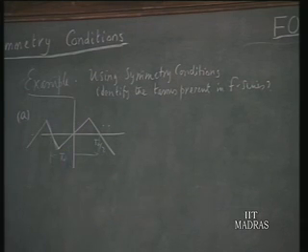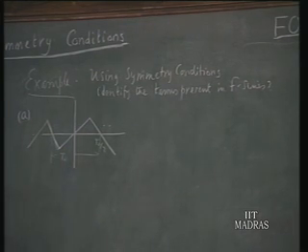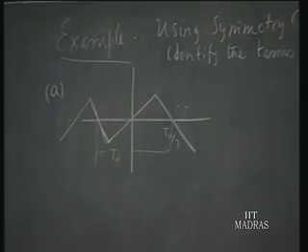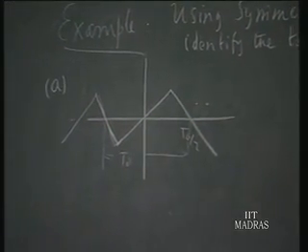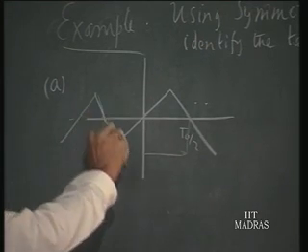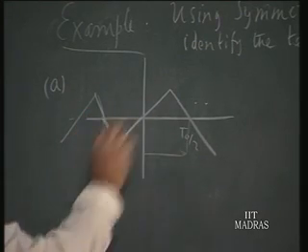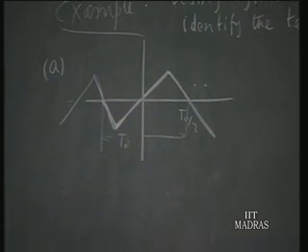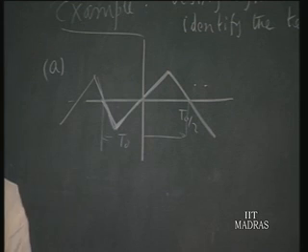So if this function is there, first of all you can straight away see this is an odd function because f of t equals minus f of minus t. Therefore only sine terms are present. And further, whatever waveform you are having here is repeating in the next half cycle with a reverse sign. Therefore this has the half wave symmetry of the type which we have talked about.